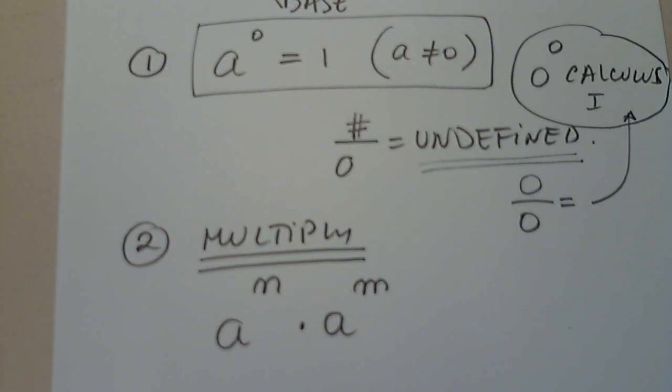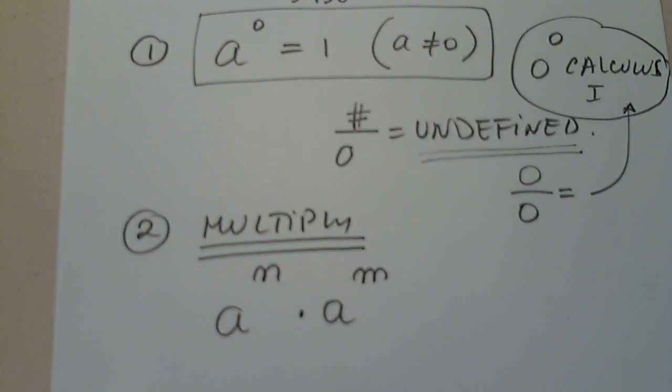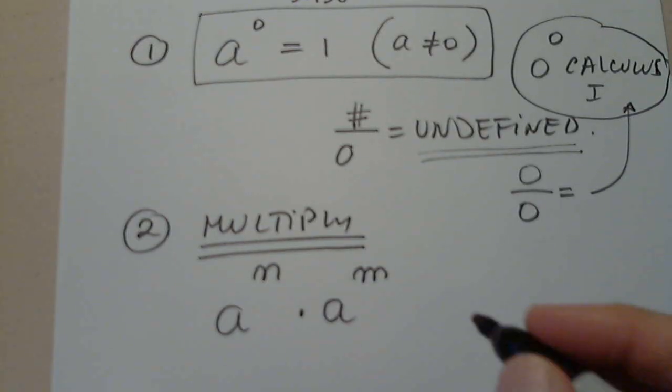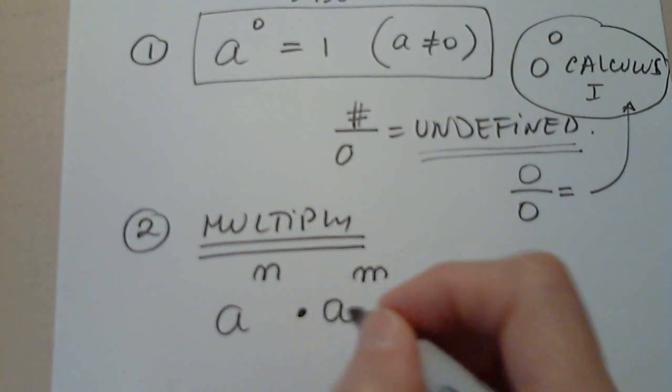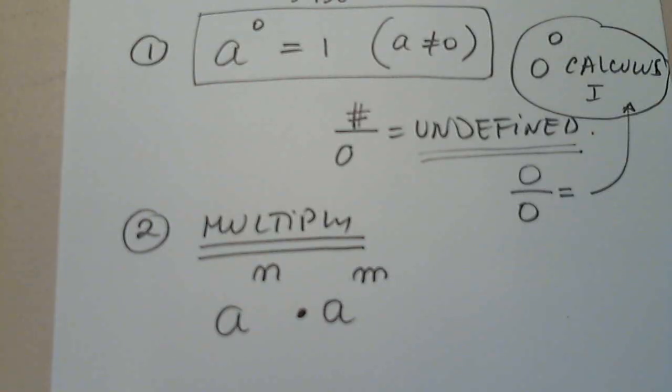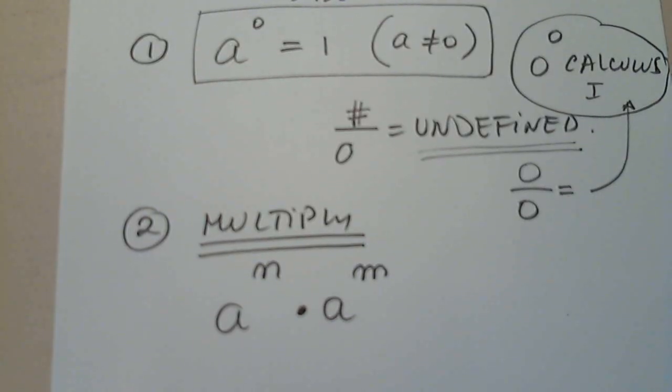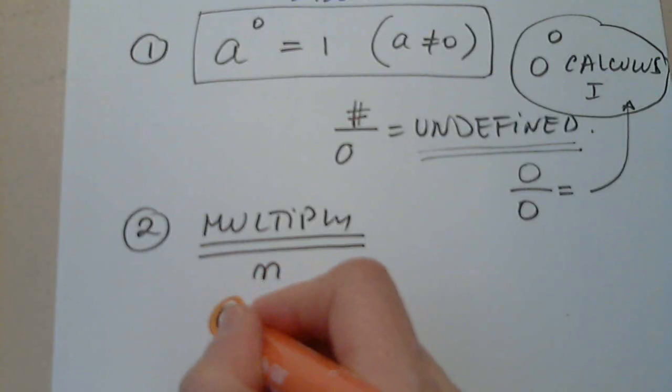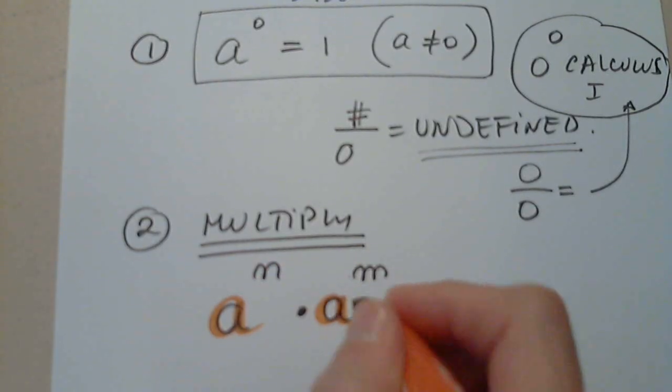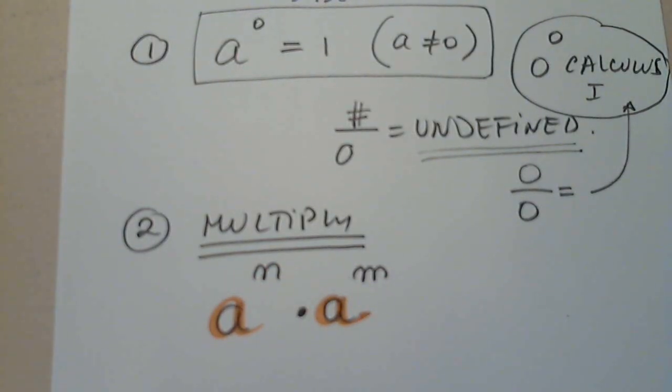You can use any other notation if you'd like. It doesn't matter as long as you don't use A, X and Y or something else. When we multiply exponential notations, they have to have the same base. If they don't have the same base, we cannot use this rule.